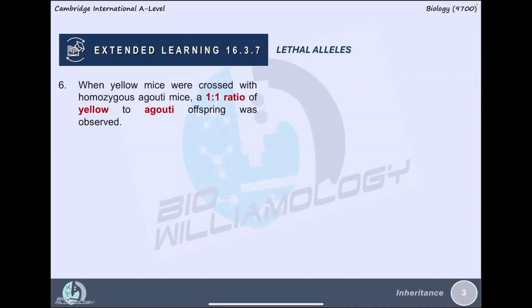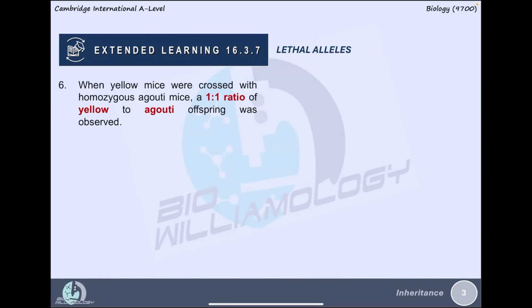So when yellow mice were crossed with homozygous agouti mice, a 1-to-1 ratio of yellow to agouti offspring was observed. What this result tells us is that the yellow allele must be a dominant allele. Am I right?